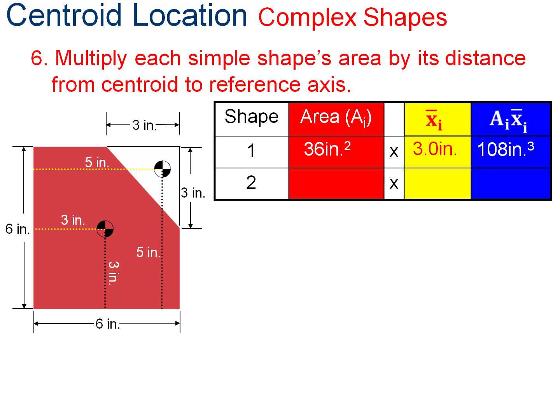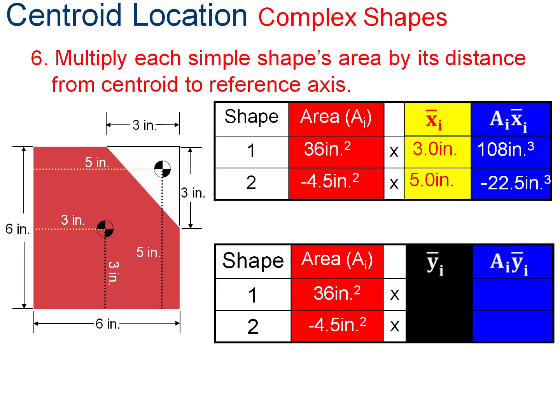For area 2, remember, it's a negative area, minus 4.5 square inches, and it's 5 inches over for a negative 22.5 cubic inches. Do the same thing in Y. Same areas, 3 inches for 108 cubic inches, and 5 inches for minus 22.5 cubic inches.